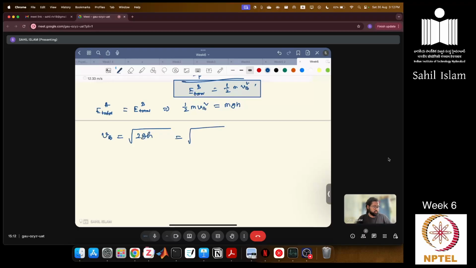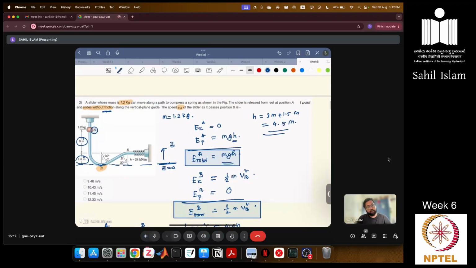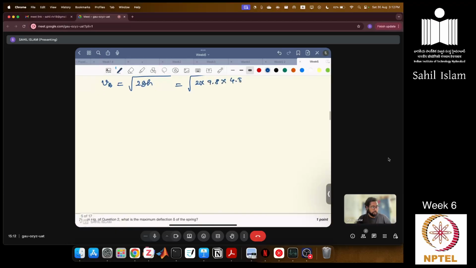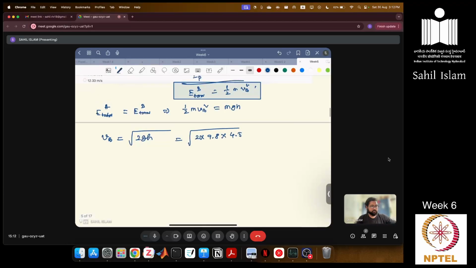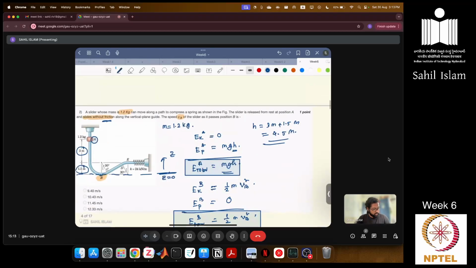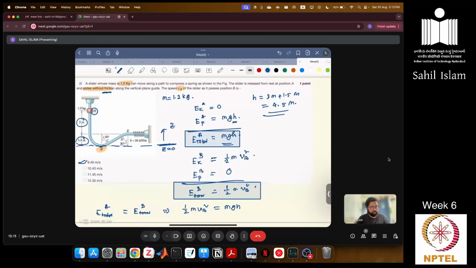So root of 2 into 9.8 times 4.5, where h is 4.5, and the unit will be meter per second. If you calculate it, you will get around 9.4 meter per second. So option A is the correct option.